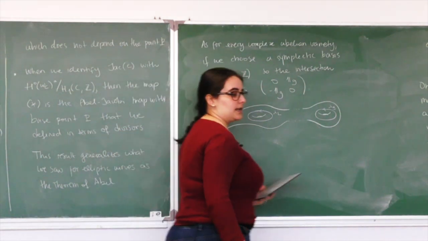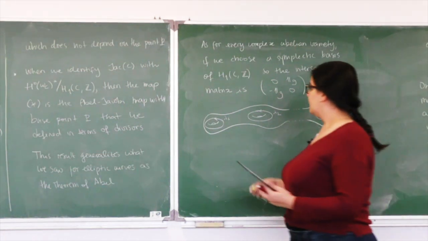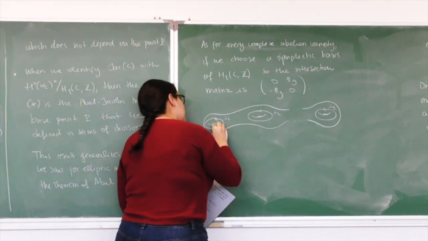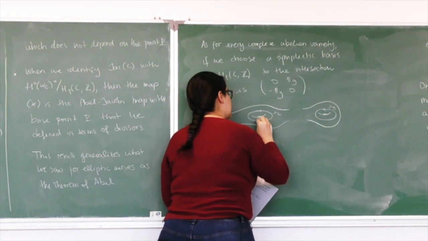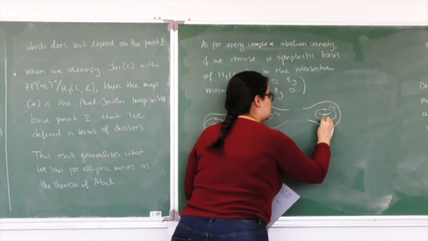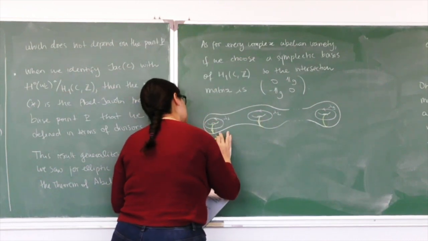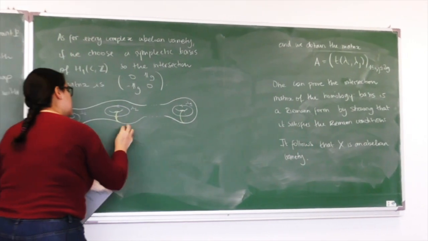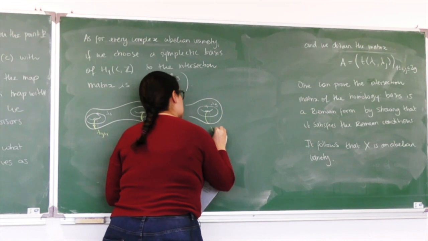And as the second part of this, the other G paths that we can take are the paths that go around the handle itself. This is just lambda G+1, lambda G+2, and this is just lambda 2G.